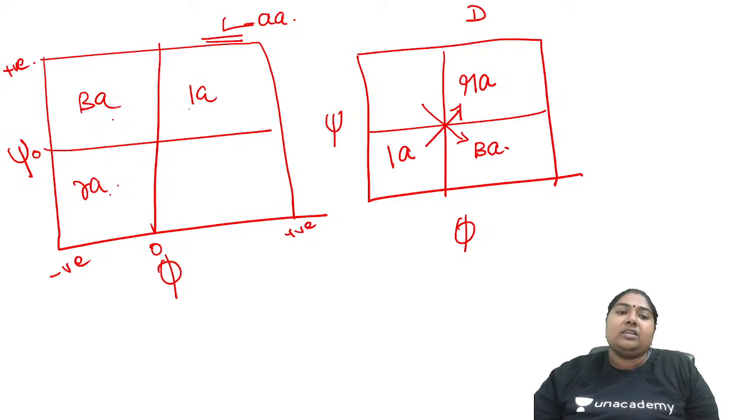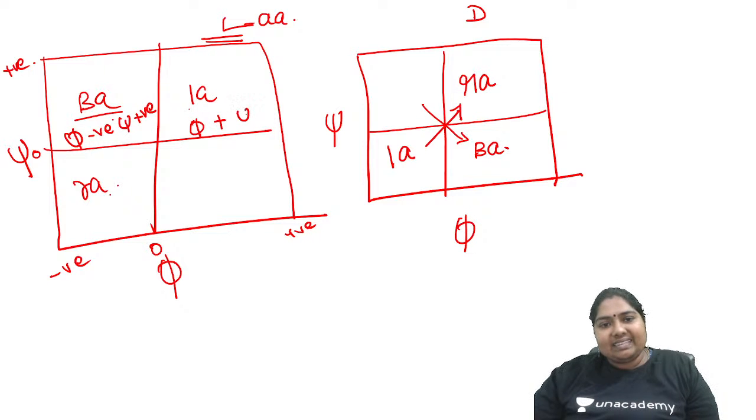Yes, everybody. So for B, what are the bond angles? Phi is going to be negative, and psi is going to be positive. Here both my phi and psi are positive. And here my phi is going to be negative, and my psi is also going to be negative.